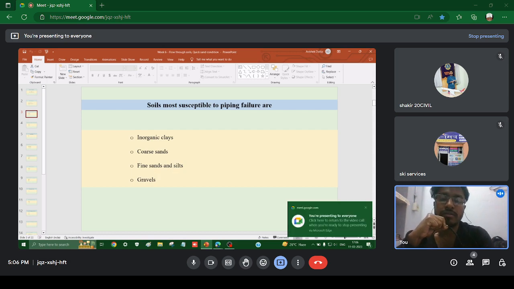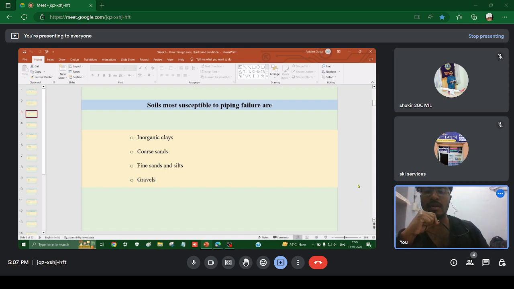The question is, soils most susceptible to piping failure are. The options are: inorganic clays, coarse sands, fine sands and silts, or gravels. Next question.